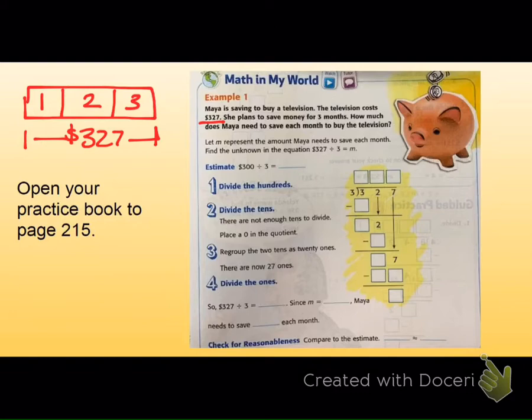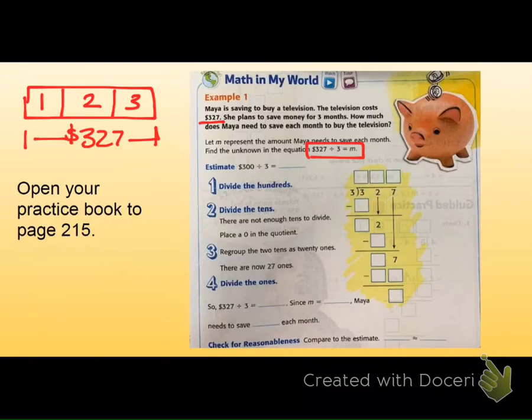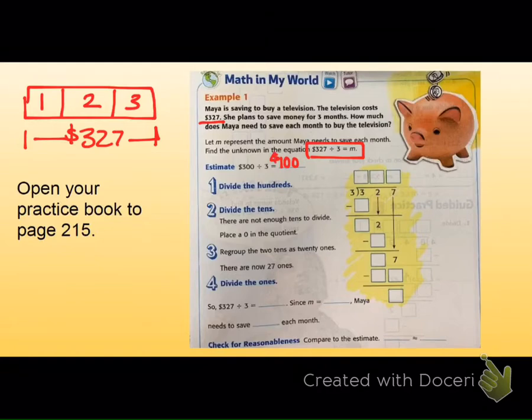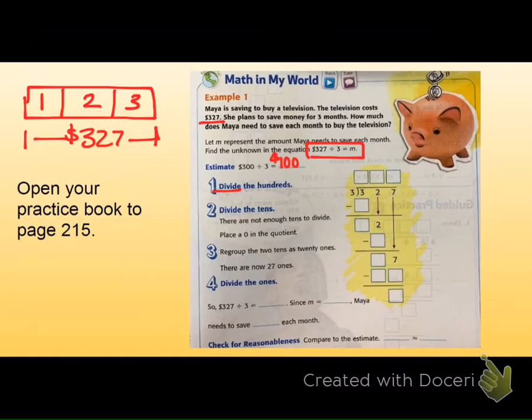And that's what they have set up for us already: 327 divided by 3. Estimating that, it should be about 100. So we will see when we get done if we are close to that estimate. All right, so first, let's divide by the hundreds, as it says here, our first direction. As we divide in the hundreds column, 3 divided by 3 is 1.